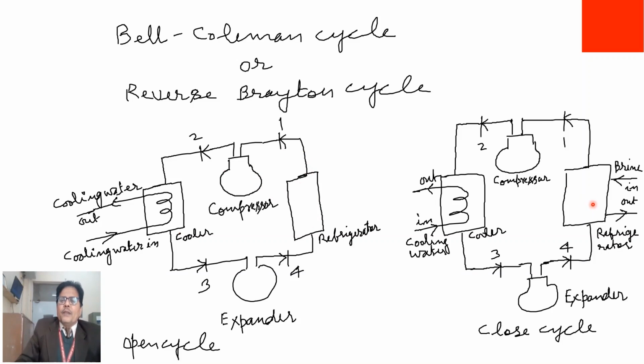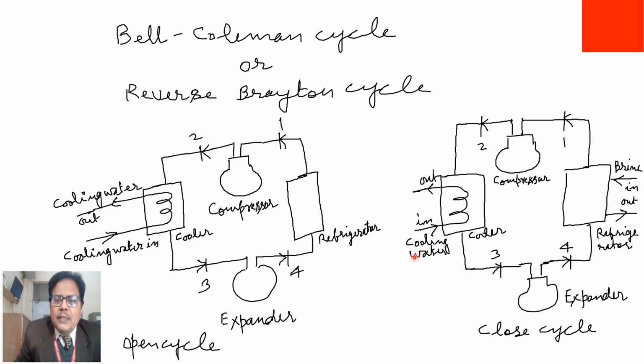Whereas in the case of the closed system, from point 4 we send this air, which is a refrigerant or cooling medium, through the refrigerator space in tubes, and there the brine is in contact with the air. In this way the temperature of the brine is reduced, and further this brine solution can be used for refrigeration purposes. So there is a big difference.